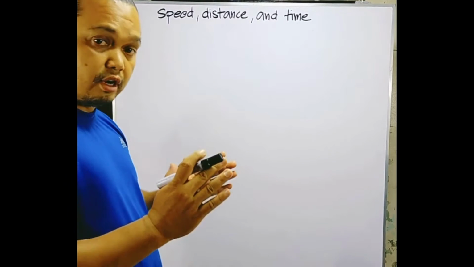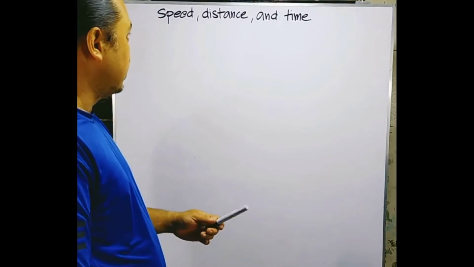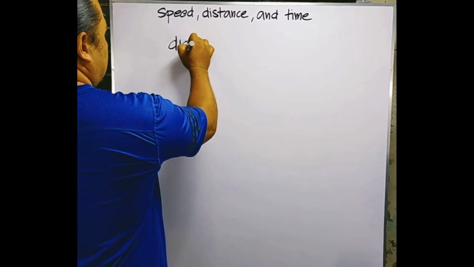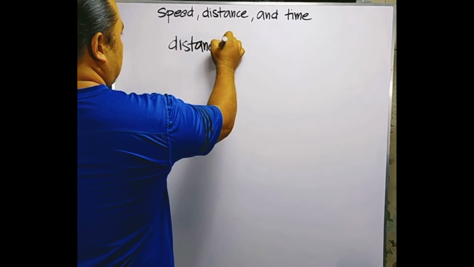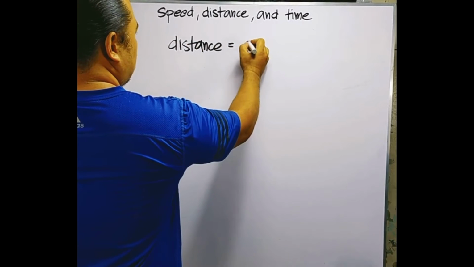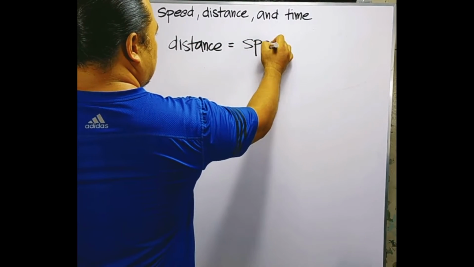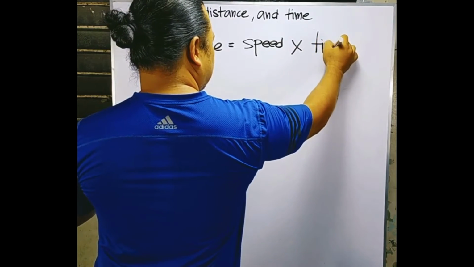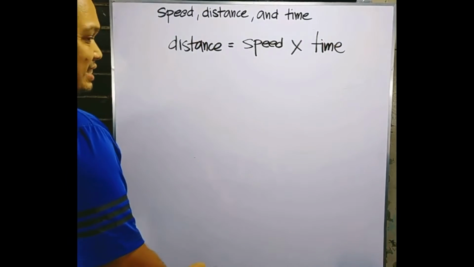Now, in order for us to solve for distance, the formula is distance equals speed times time.